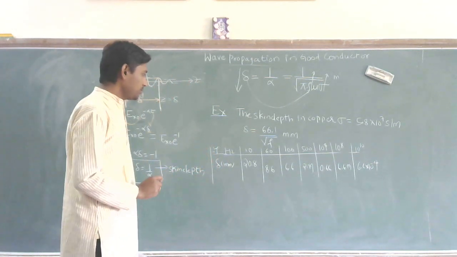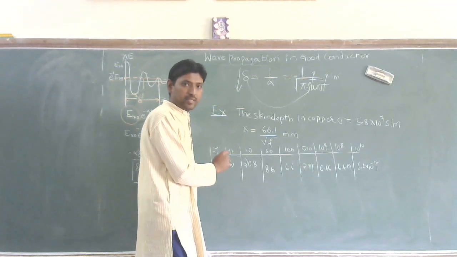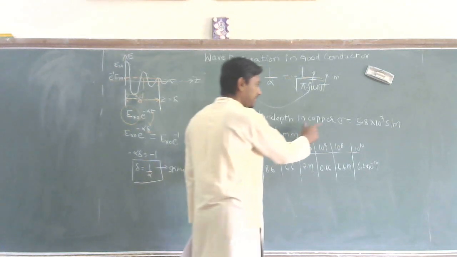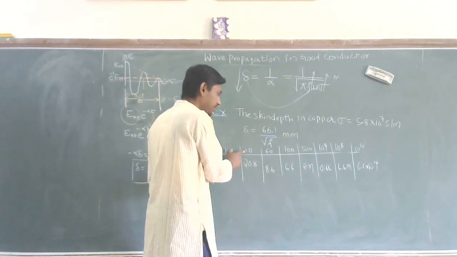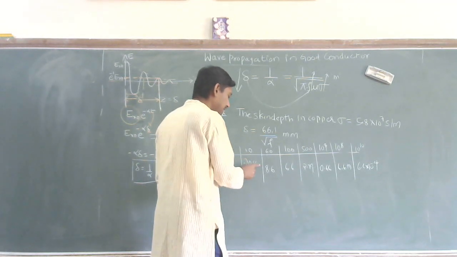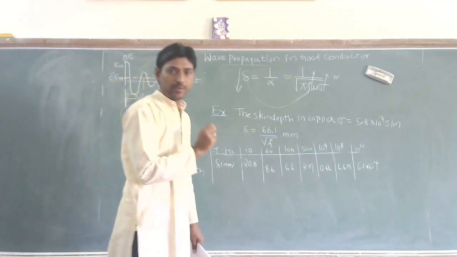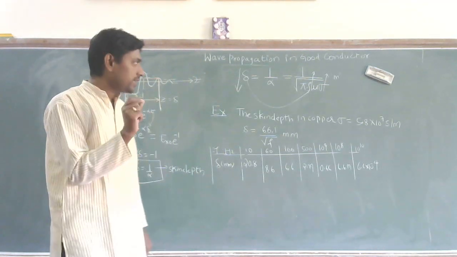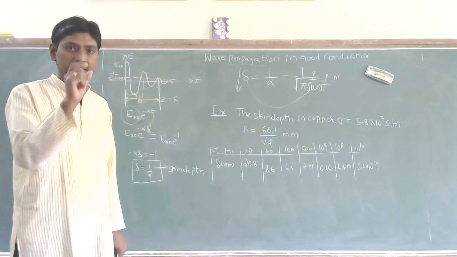What I want to tell is the depth of penetration for a good conductor like copper at different frequencies. At 10 hertz, a very low frequency, the depth of penetration is 20.8 millimeters. It means all this current and fields are confined in that particular depth itself.